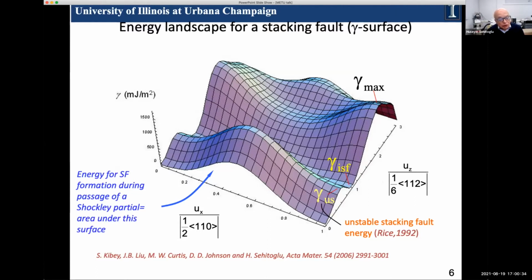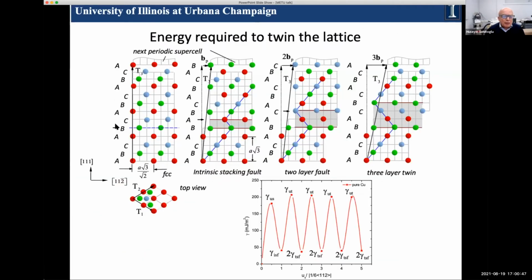The area under this curve, of course, is the energy for stacking fault formation during passage of these Shockley partials. It would be the area under this curve here, shown here. The way these curves are obtained, first you have the ABC stacking, 111 plane, 112 direction.